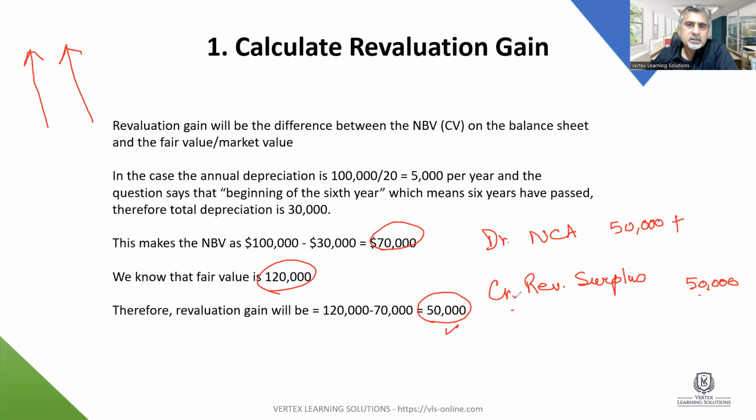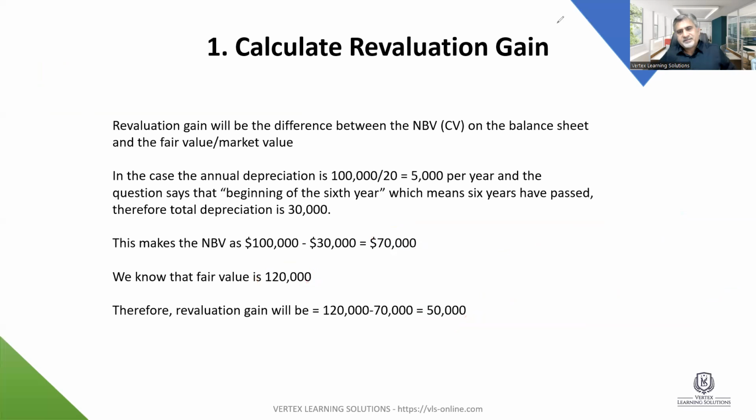This is wrong. This is not the way. Actually, this is correct. This is okay. But this is not correct. Asset has not increased by 50,000. Listen, now this is a very important point to understand.